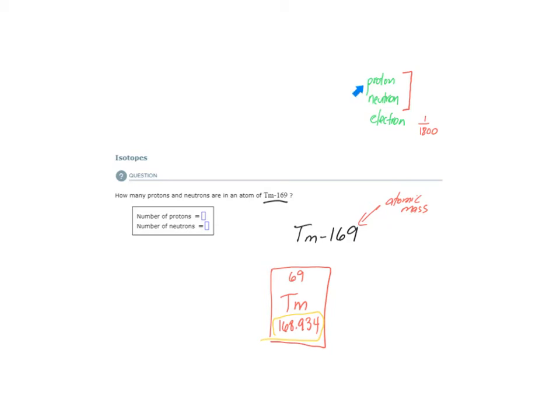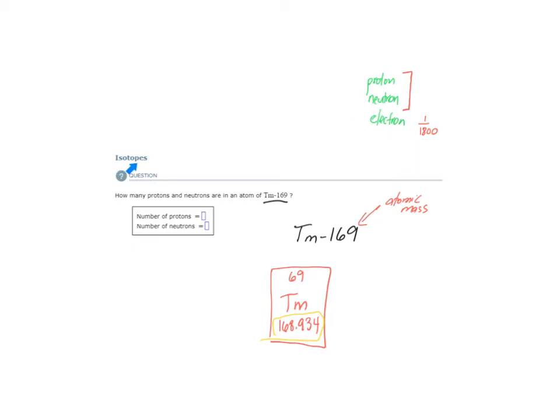They have the same number of protons because they're still thulium atoms. If I have 70 protons, I'm not thulium, I'm the next element. If I have 68 protons, I'm not thulium, I'm the element that comes before Tm. The number of protons can't change, but atoms of thulium can have different numbers of neutrons. The more neutrons they have, the heavier they are. The fewer neutrons they have, the lighter they are.